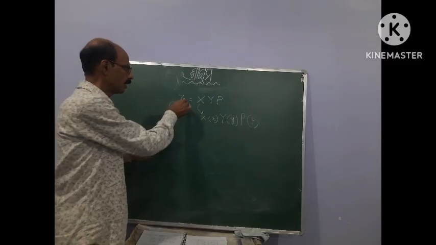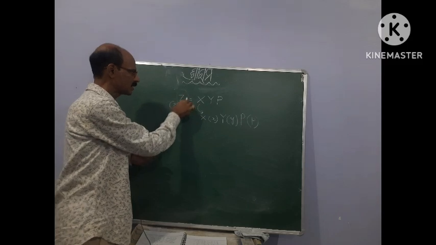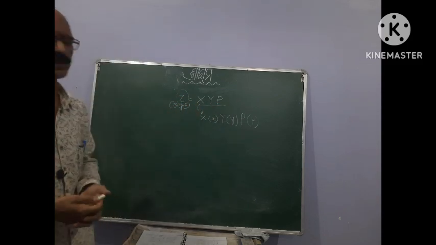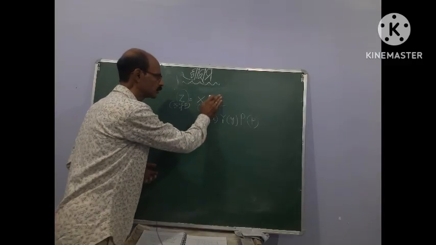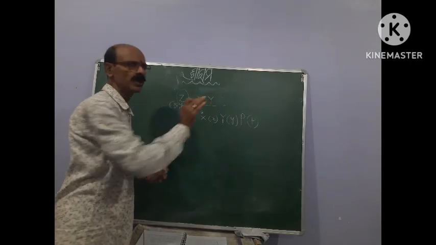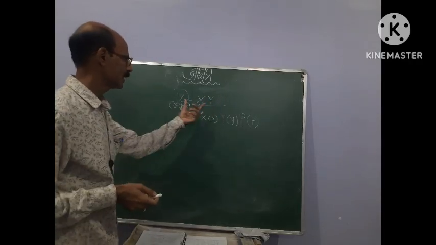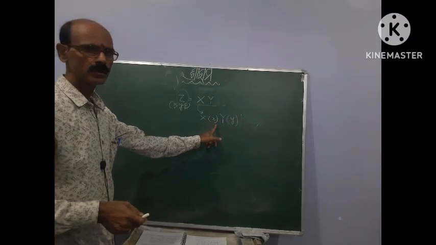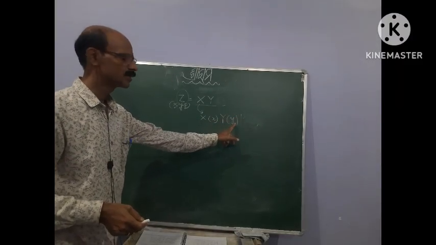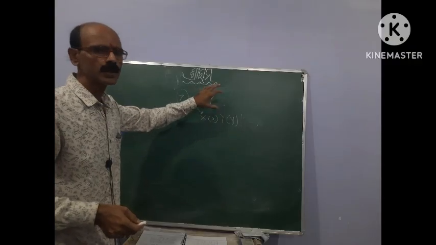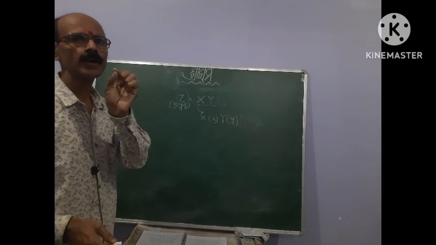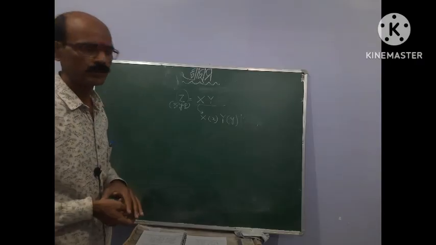See, we are expressing the function in terms of the product of two or more functions. Suppose there are two functions, X and Y. X is a function of small x, Y is a function of small y. Each function is a function of an independent variable.